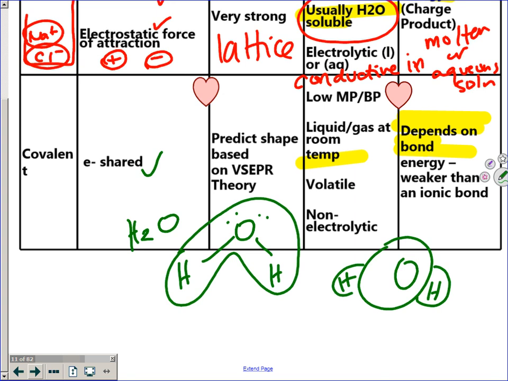This bent shape, we're going to talk about why we draw it bent, probably tomorrow, but there's a theory behind it. There's always a theory behind everything, right? And it's called the VSEPR theory. The VSEPR theory can help us predict the shapes of covalent molecules. So I just might add this little piece right here. I'll tell you what VSEPR means too.